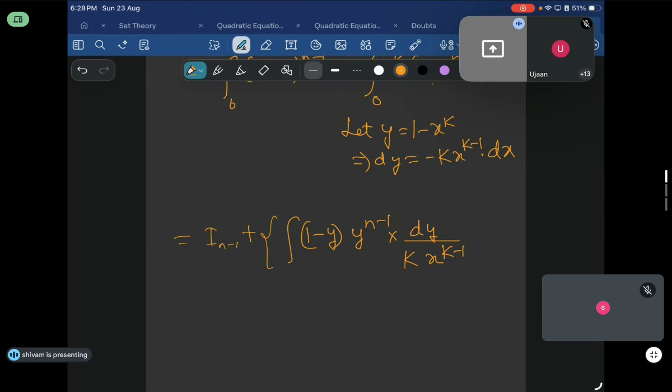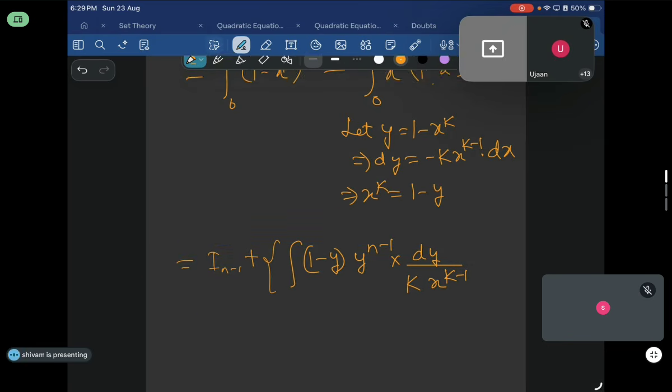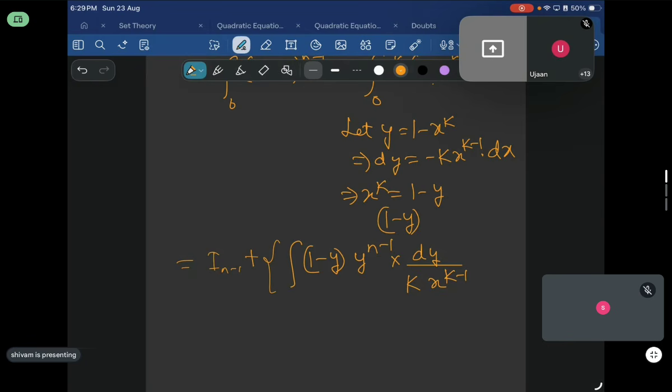Over here x to the power k is how much? 1 minus y. So 1 minus y, and x to the power k minus 1 will become (1 minus y) whole to the power k minus 1 by k.